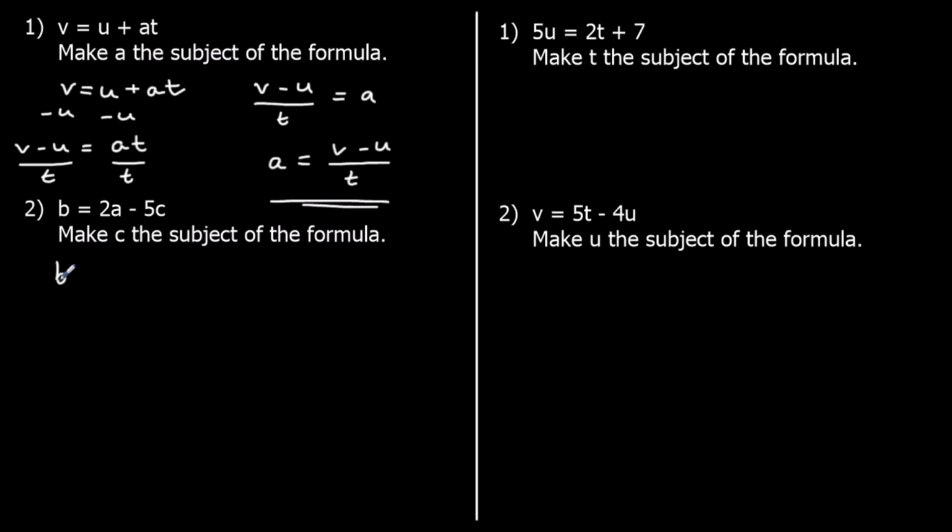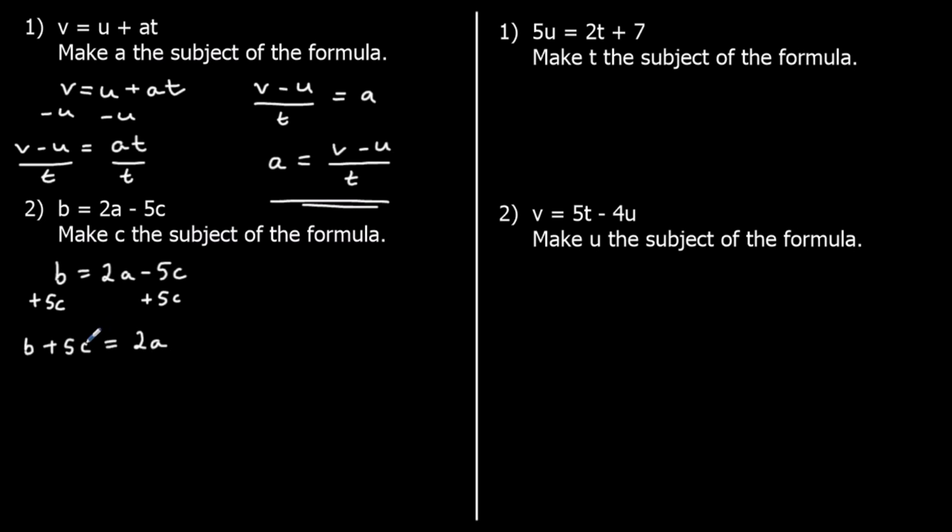So we've got b equals 2a minus 5c. I'm going to start by making my c positive. So I've got minus 5c at the moment. If I plus 5c to both sides, I'll have b plus 5c equals 2a.